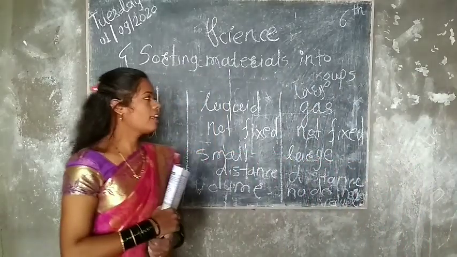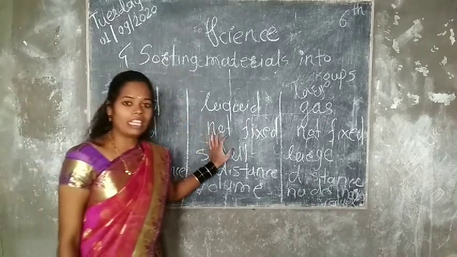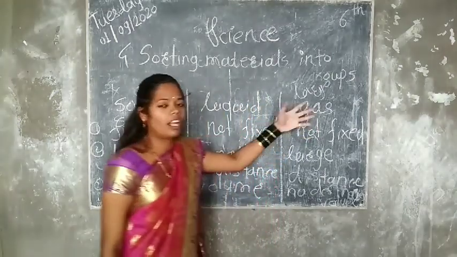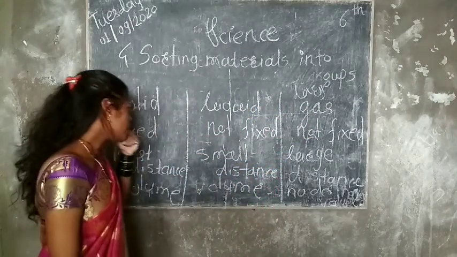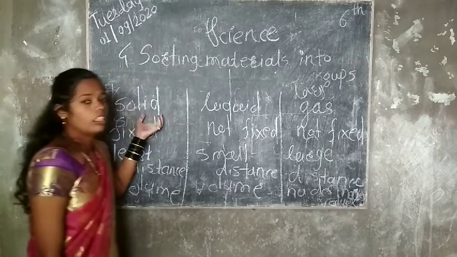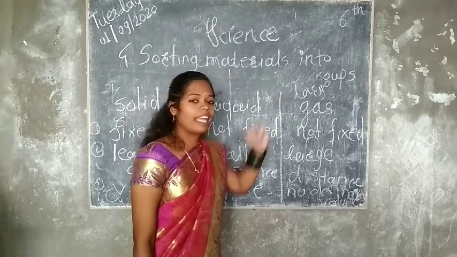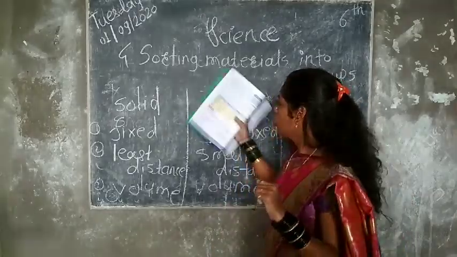Who is the strongest? Yes, solids are strongest, liquids are less strong, and gases are least strong, meaning they are not so strong. Is that clear to you? Some examples: wooden box, duster; liquid, water, milk; and gases means air, because it is a mixture of gases. Up to here, any doubt?